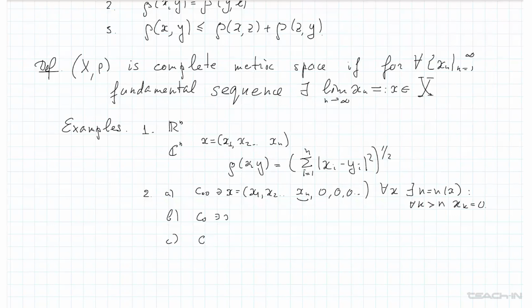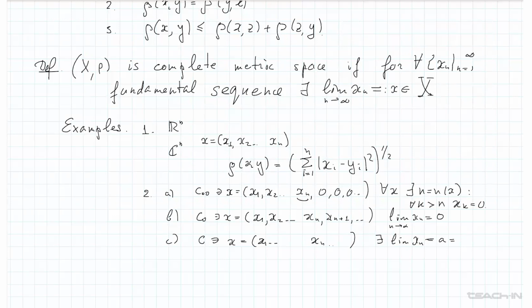C with 1, 0, is infinite sequences, but limit equals 0. And C small without any 0, infinite sequence, such that there exists the limit of this sequence. For example, A, and this A number depends on X.